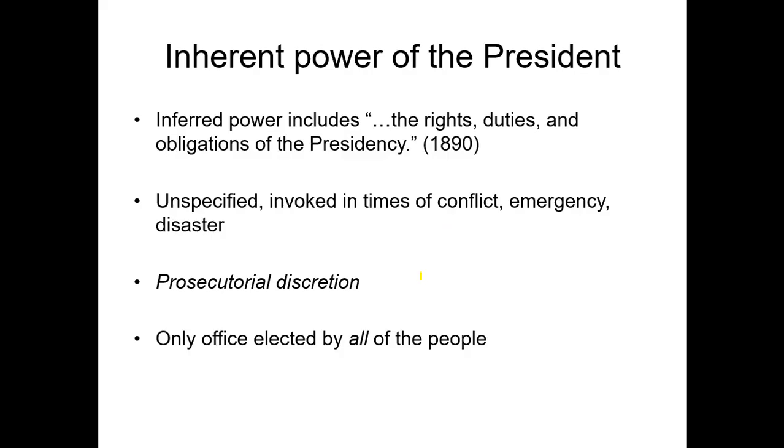Now let's talk about some powers of the president that are somewhat inherent. These are not so much expanded powers as they are powers that are interpreted over time that the president is logically going to need to use.